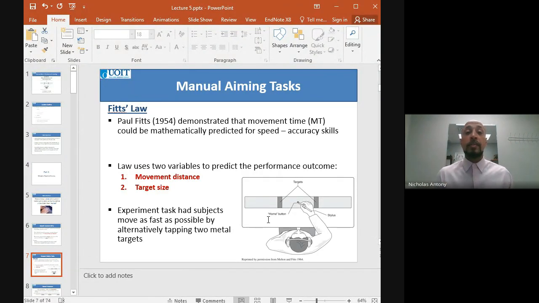In the study, they wanted to decrease the target size, therefore having to increase accuracy, and change the distance between the targets, and see if they could come up with a mathematical definition, or a mathematical law, to try and predict changes in movement speed based on different accuracy emphasis.